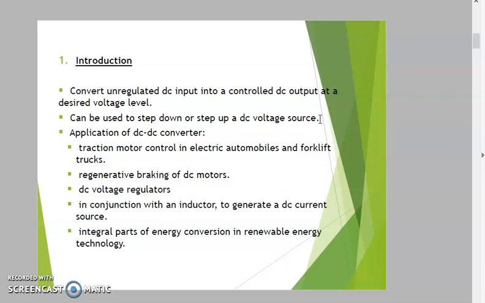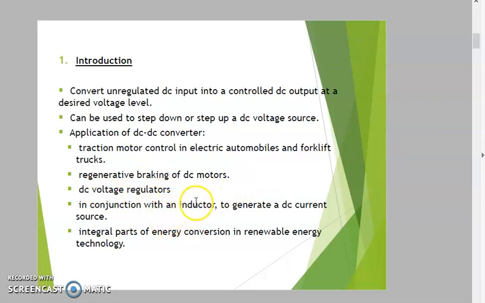So we are talking now about the DC power processor and how we want to process or convert higher or lower based on what source we have and the load required. The converter can be used to control automobile voltage levels and traction motors. It can also be used in regenerative braking for DC regulators.